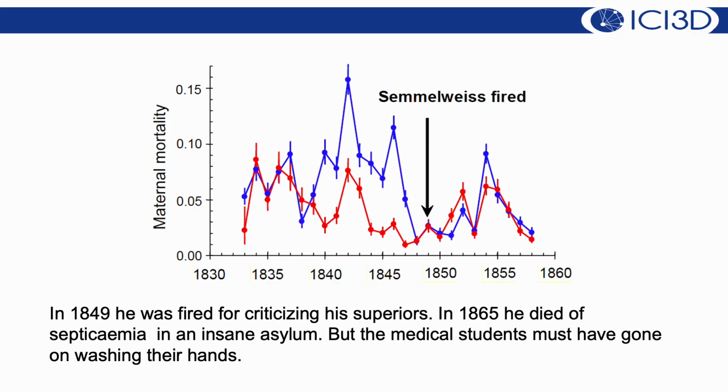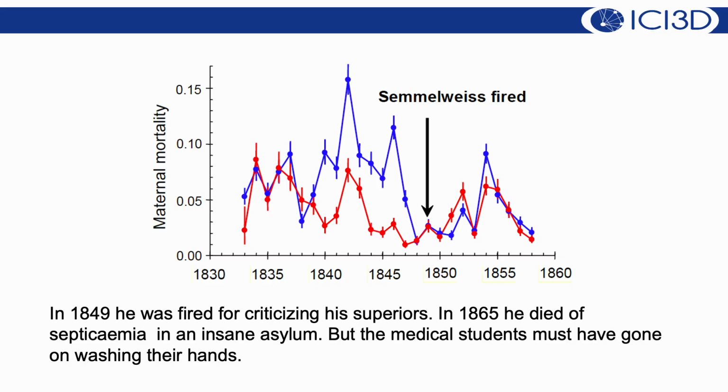And so the poor man actually was fired, and only 16 years later he died of septicemia, by which time he was only somewhere in the region, I think, of his late 40s, in an insane asylum. The only good thing that comes out of the whole thing is that if you look at the graphs after 1849 when he was fired, in fact things are still pretty good, relatively speaking.